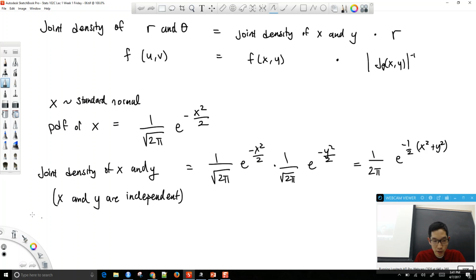So technically the joint density of x and y, given that x is positive and y is positive, is all of this, but it's just 1/4 of it, so we're going to multiply the whole thing by 4. Okay, so it's going to be 4 times this thing.